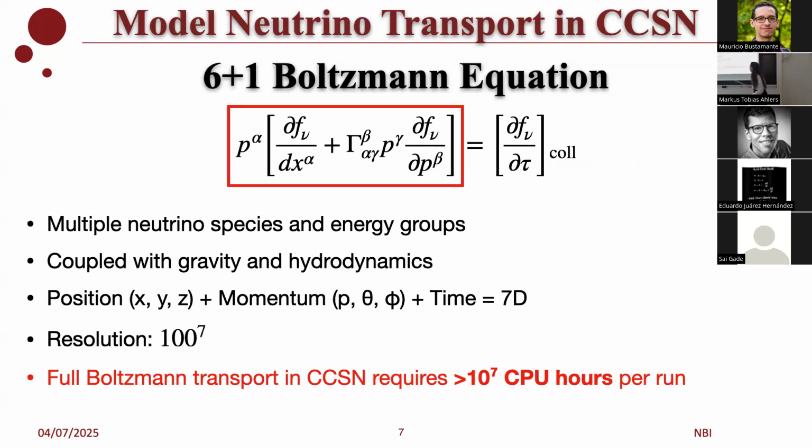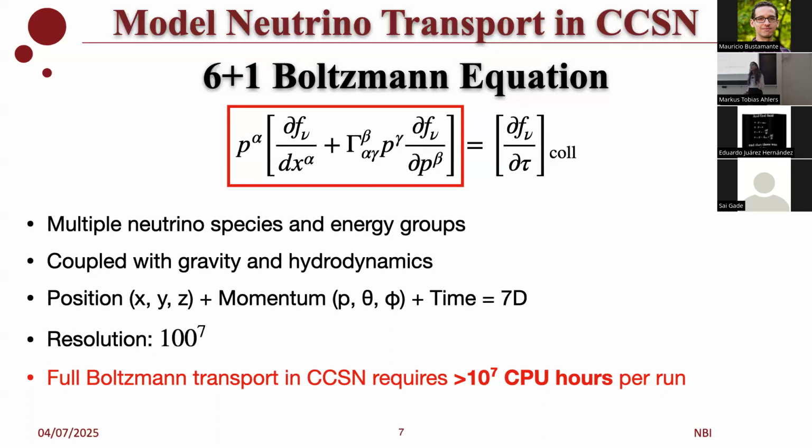So let's look at the left-hand side first. We need to solve this equation, which is species dependent, so we need to solve these equations for different species. This is already complicated. Plus, we have 3 positions, 3 momenta, and time. So we are dealing with a 7-dimensional physical domain.